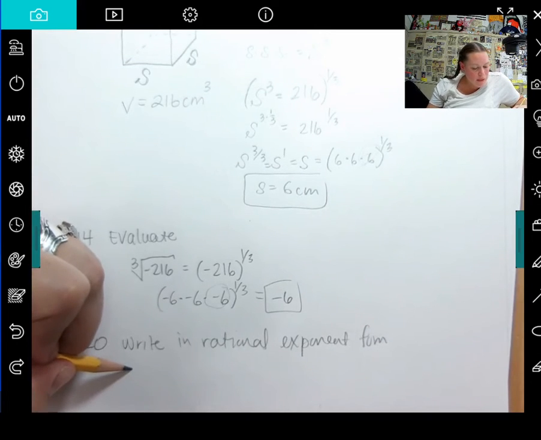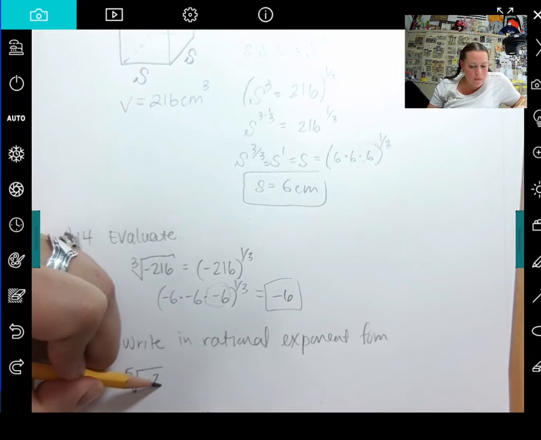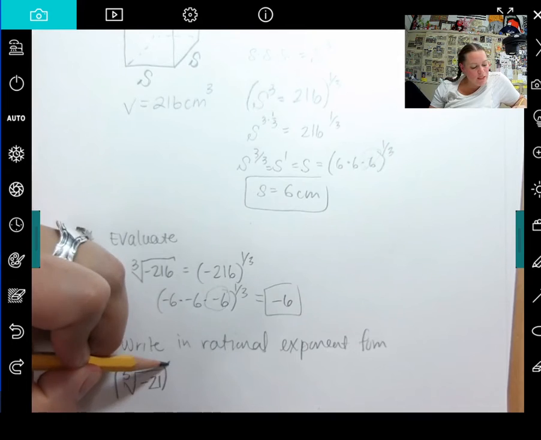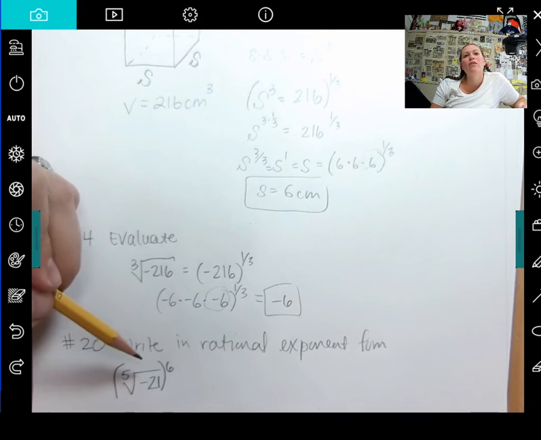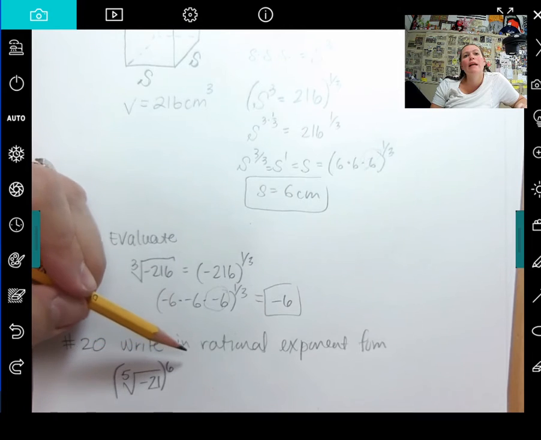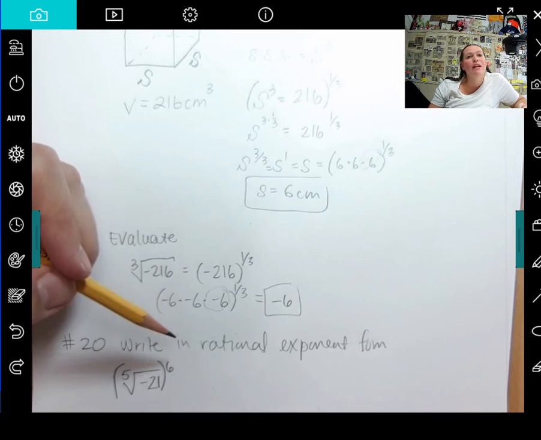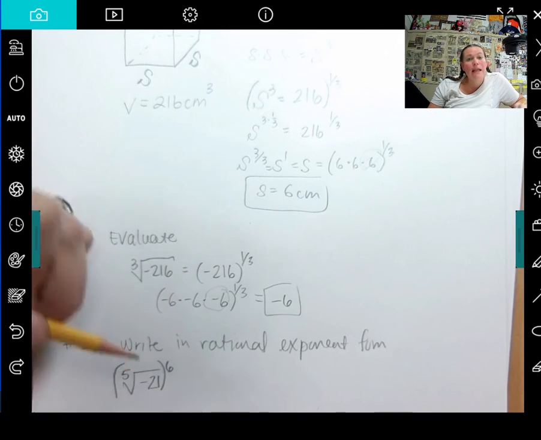So we start with the fifth root of negative 21, and then that whole quantity is to the sixth power. So we're starting with a radical, and now we want to write it as a fraction, so a base with a fraction exponent. So our base number is going to be negative 21.